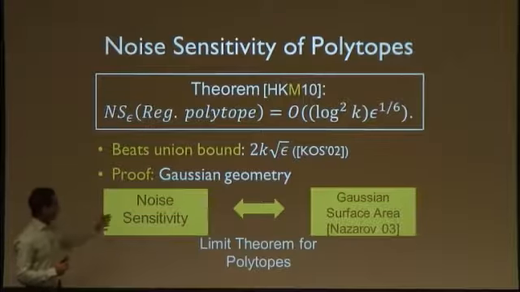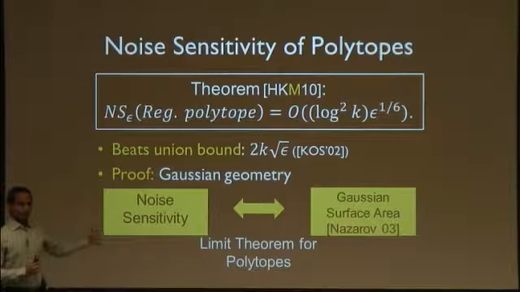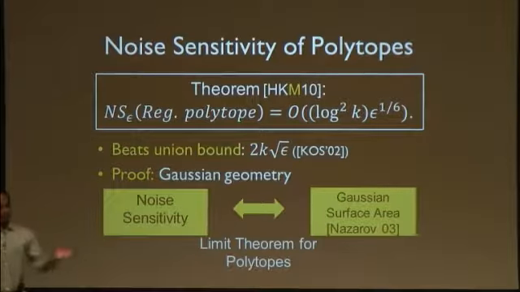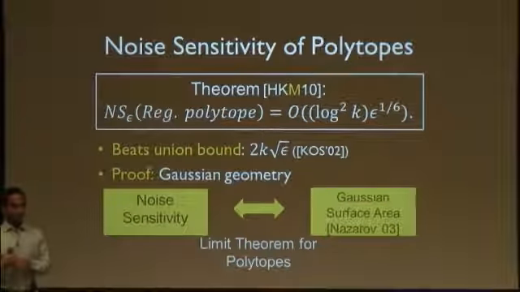You want to compute the Boolean noise sensitivity. We use our limit theorem to translate the Boolean problem to the Gaussian world, where the Gaussian analog of noise sensitivity is the Gaussian surface area of a polytope. And there's a beautiful result of Nazarov, which I briefly mentioned before, that says the Gaussian surface area of a polytope with k facets is at most square root of log k.